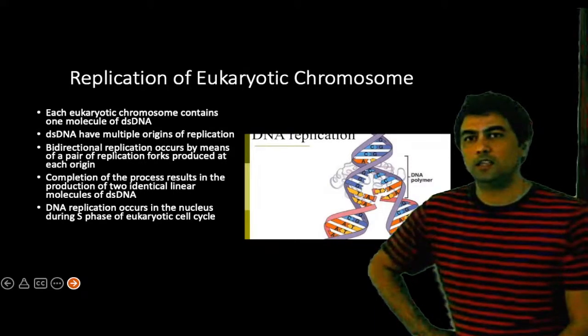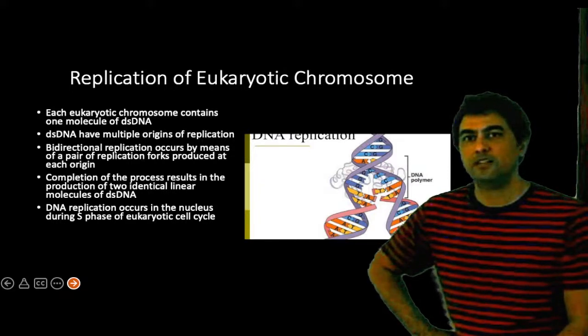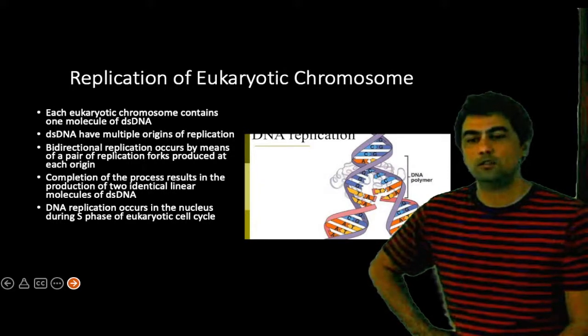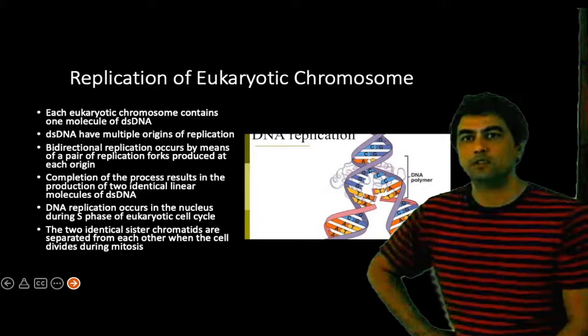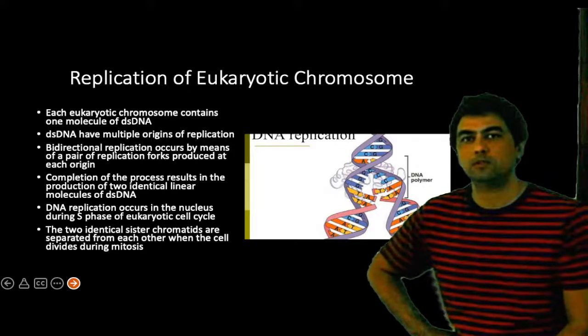DNA replication occurs in the nucleus during S phase of the eukaryotic cell cycle. The two identical sister chromatids are separated from each other when the cell divides during mitosis.